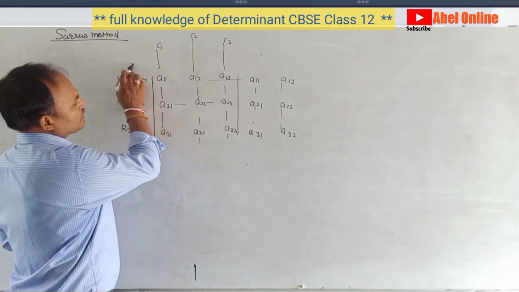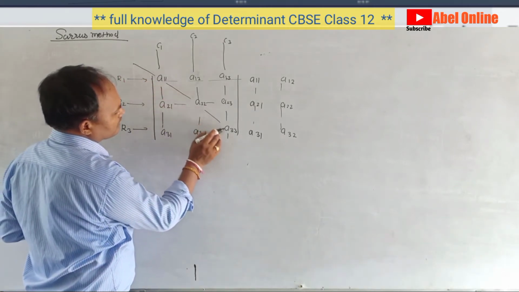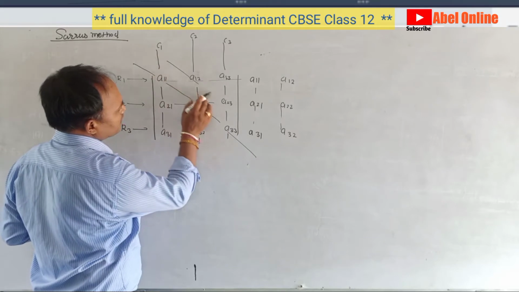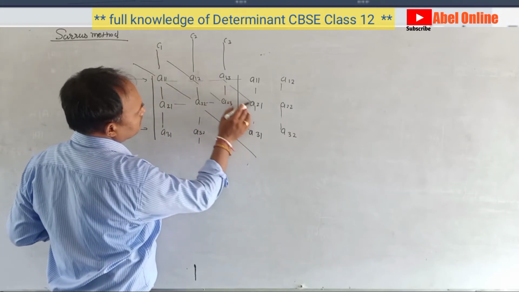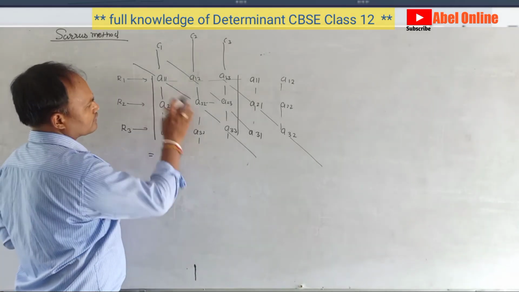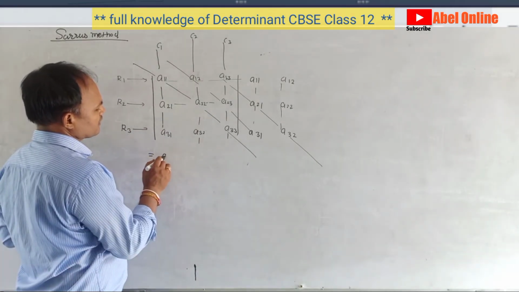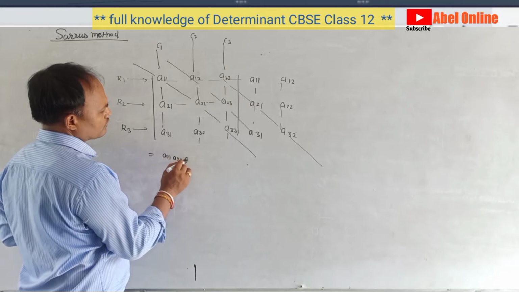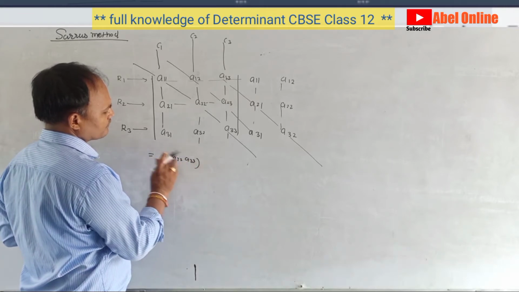Now you have to make a diagonal like this and just multiply them. So the multiplication of them is A11, A22, A33.